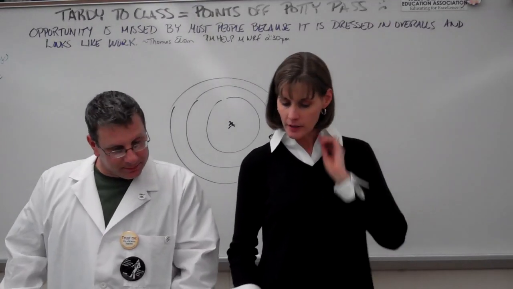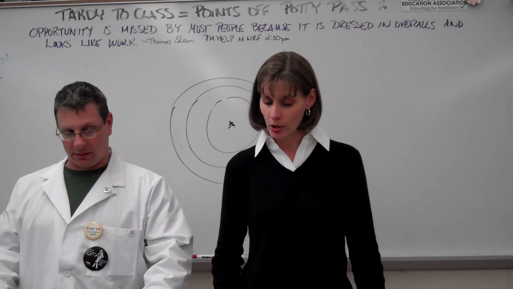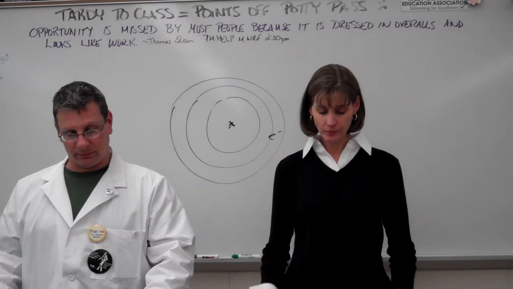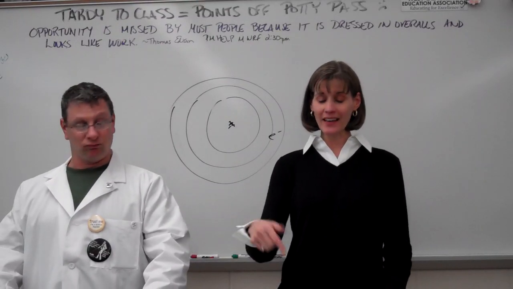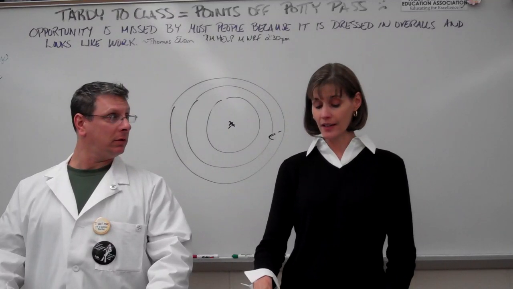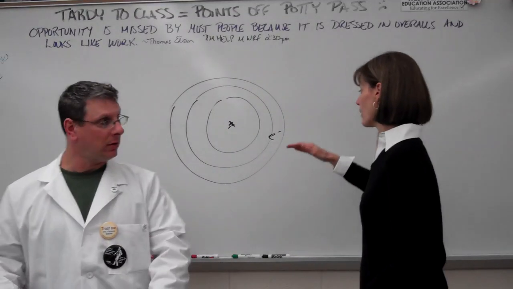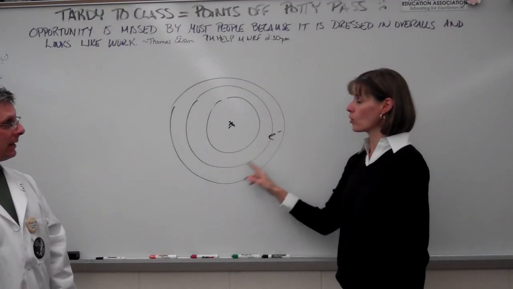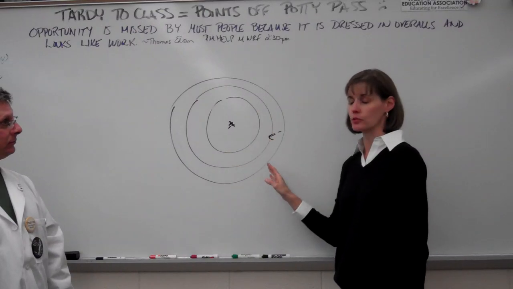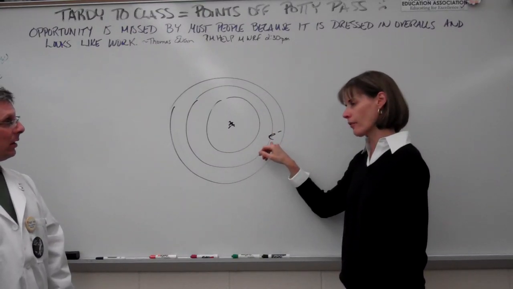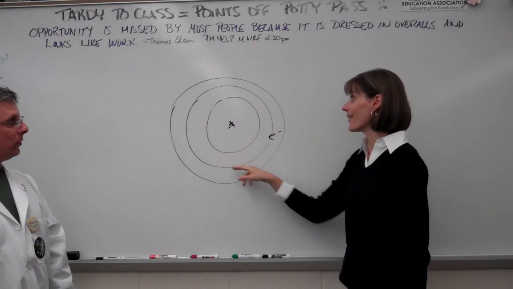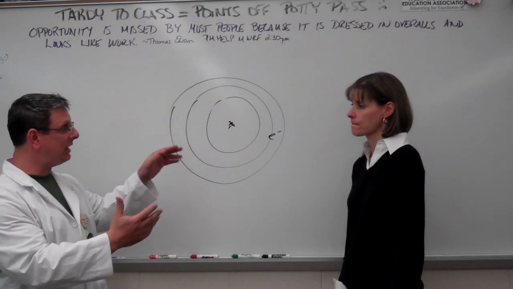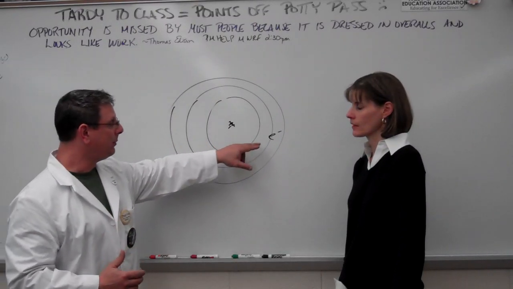Test hint number 2 says, how Bohr described the orbit, movement, and energy of an electron. So this is very similar to question number 1. But what we're adding in this time is the energy part. If an electron is here, hopefully you guys can see this on the video, in one of these rings or energy levels, what do we know, Mr. Sussman, about that electron as it's in that energy level? It has a fixed position around the nucleus, meaning it's not a position, but a fixed energy.